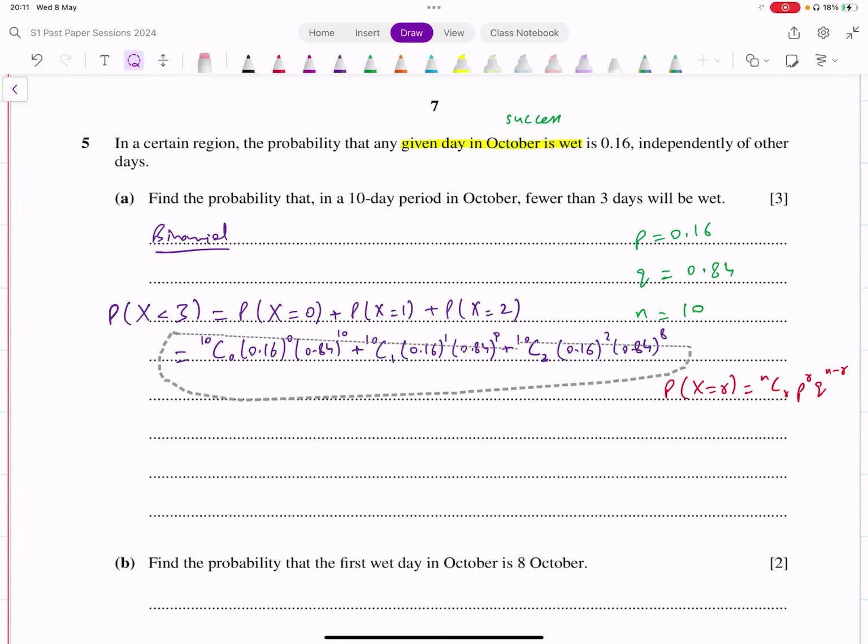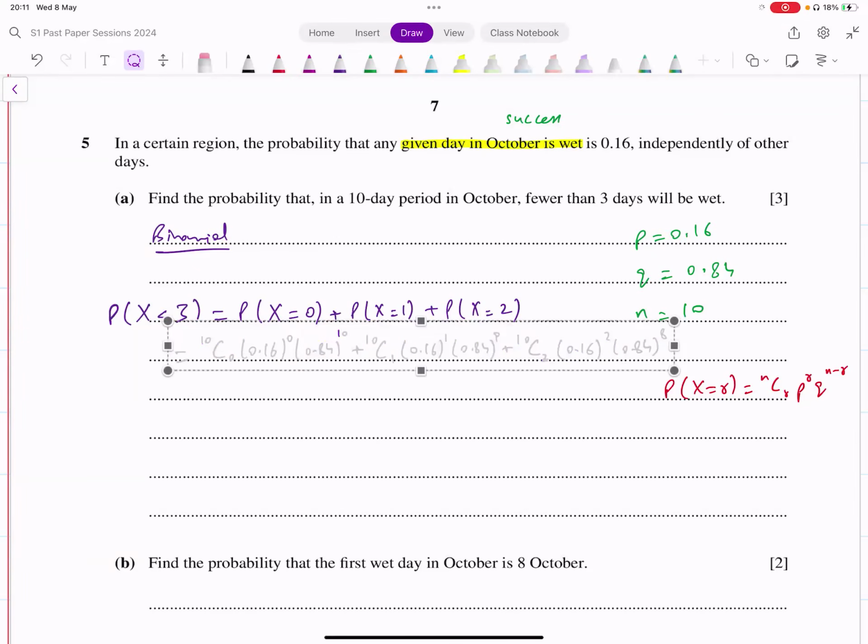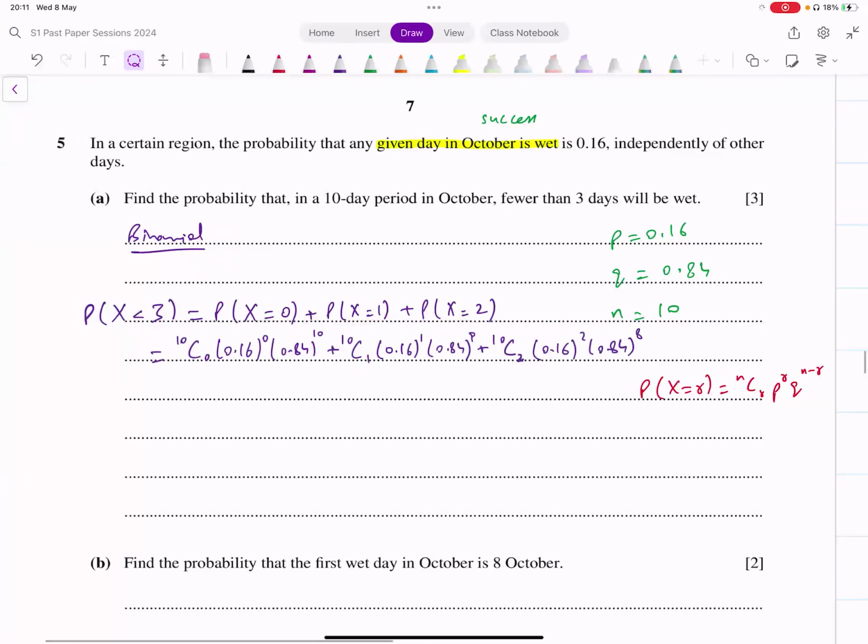Evaluate this, and that will give you this probability. It's better to evaluate all of these terms separately. That saves you from careless errors. But you can do it all together as well, as long as you are sure about your calculation. What do we get from this? Anyone can do this?